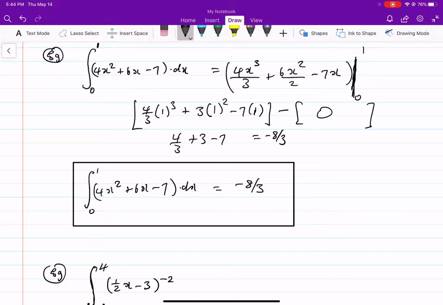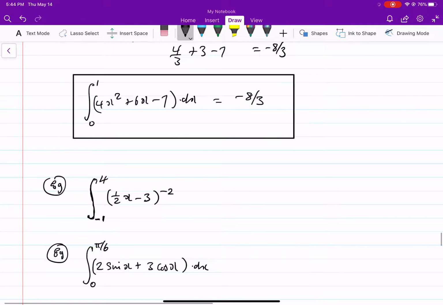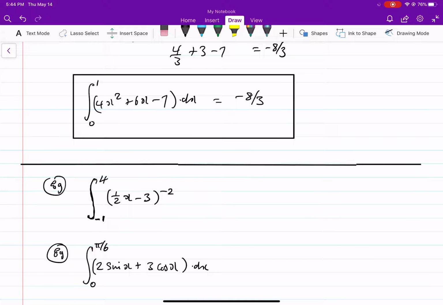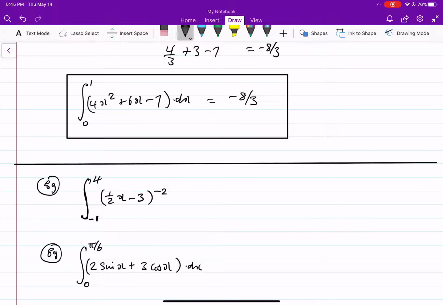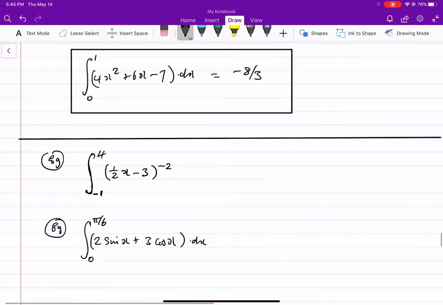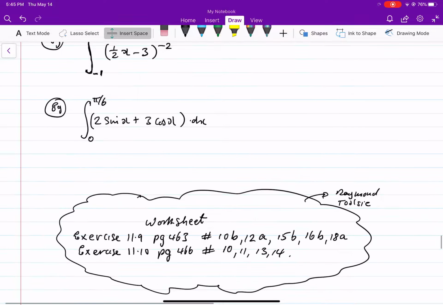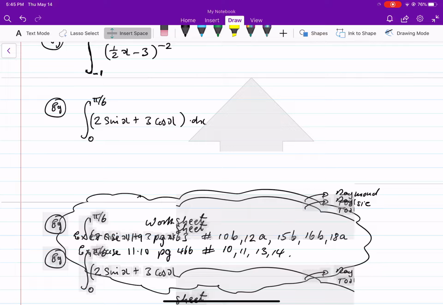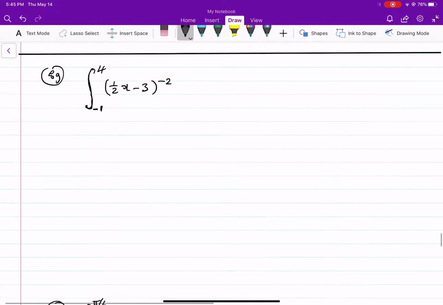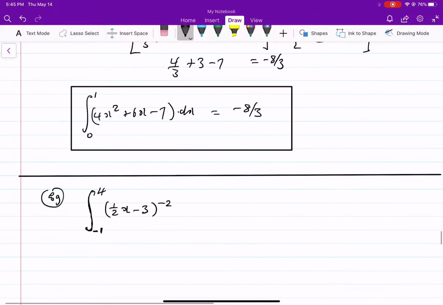All right, let's go on to the next one. The integral of a half x minus 3 to the power minus 2 dx, between limits minus 1 and 4.